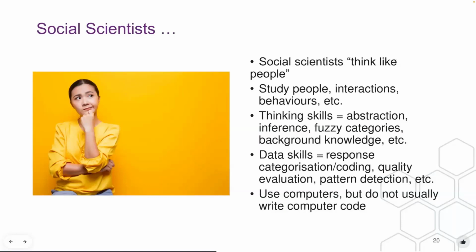But whilst they often do use computers, this often doesn't involve writing computer code. Instead, it might involve computer programs such as SPSS or Stata for statistical analysis. But like I said, not much computer code.